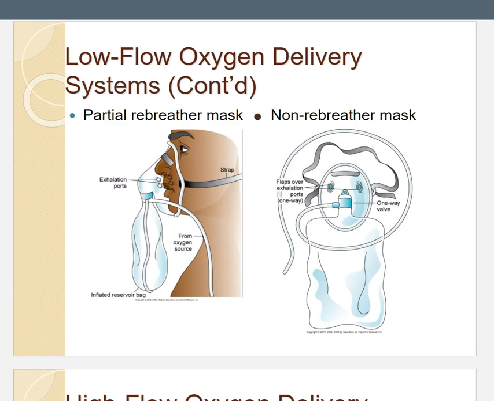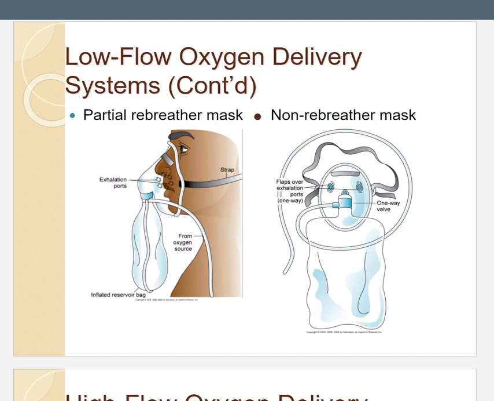A partial rebreather can provide up to 60 to 75% of oxygen to our patients, and that can be anywhere from 6 to 11 liters per minute. Look at that picture, and you'll note that there is a reservoir bag but no flaps.